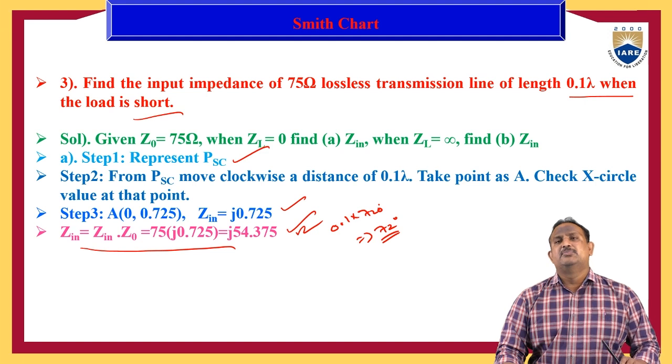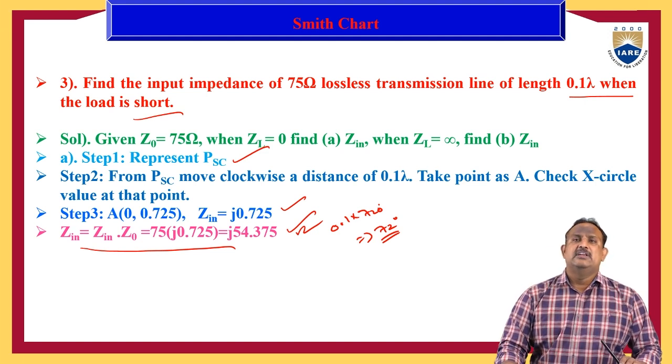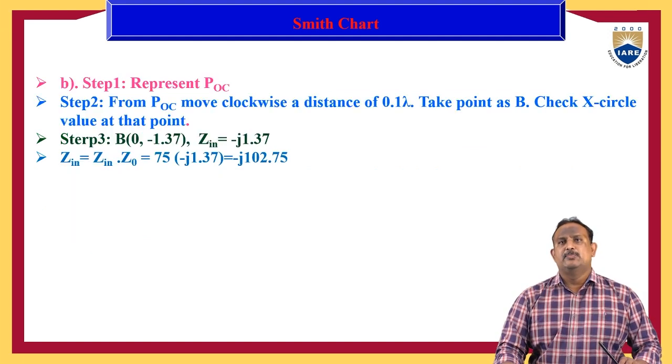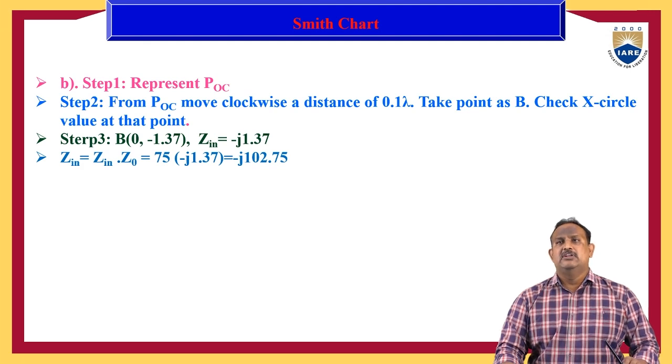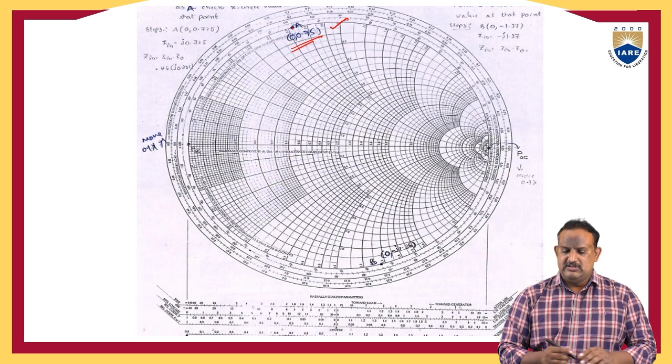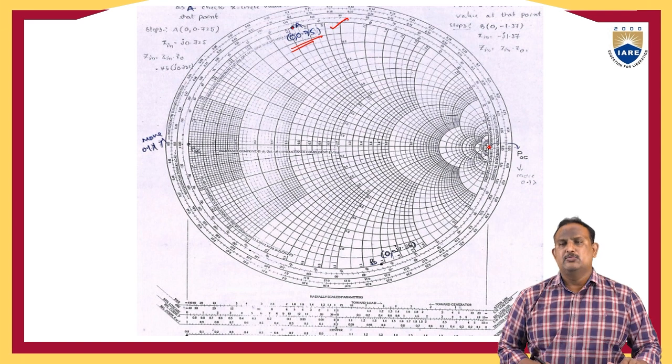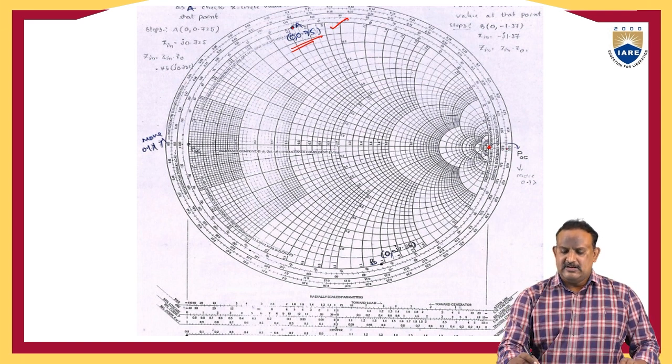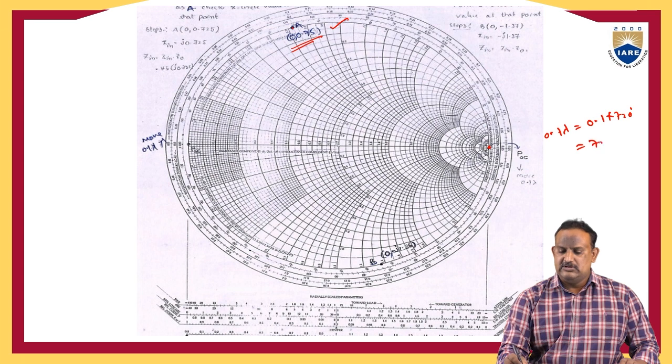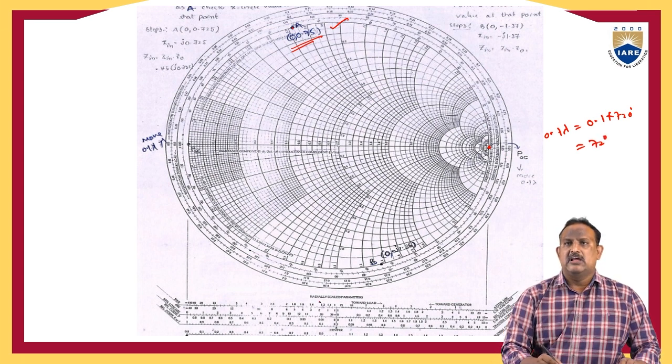Next we need to find the input impedance of the line when it is open circuited. Let us assume it is the open circuited point. From this point we again need to move 0.1 lambda, which is 0.1 into 720 degrees, so 72 degrees in the clockwise direction.